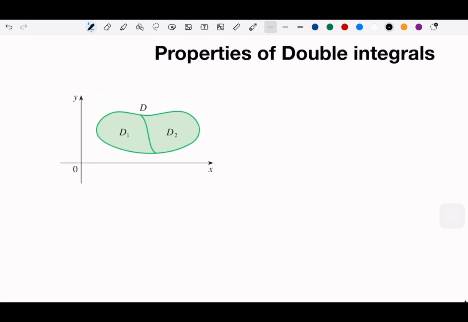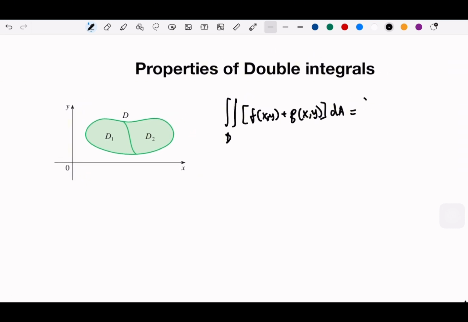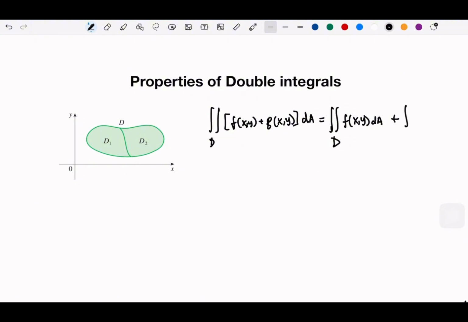So suppose that we have two functions. We can split this with the same D, and it becomes each one of the double integrals.